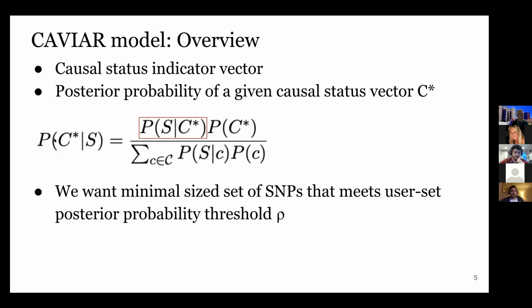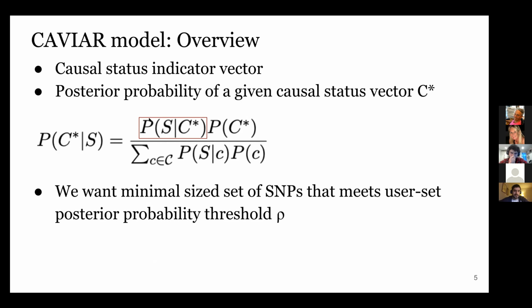So the probability of these SNPs being causal based on our association statistics is the probability of the association statistics given the SNPs we assume to be causal times a prior on those SNPs being causal, over the sum over all possible causal statuses. And we want to return a minimal sized set of SNPs that meets the user set posterior probability threshold rho. So the smallest number of ones in this vector C that gets this to at least that rho threshold. Because again, we want to avoid returning a bunch of SNPs that aren't causal in our causal set.